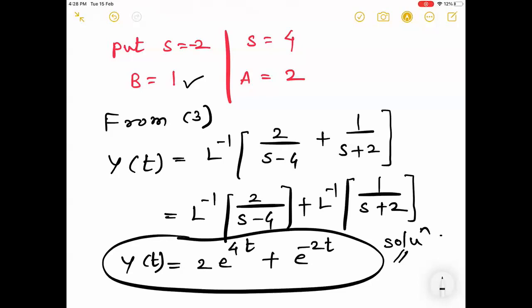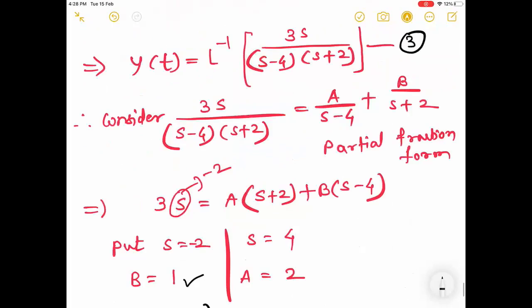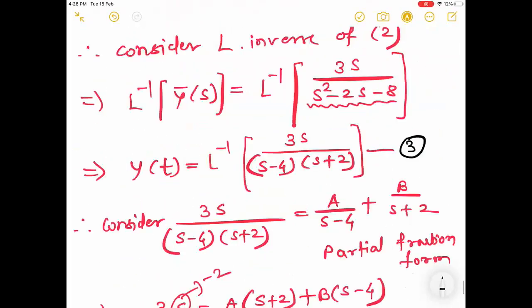Following? Madam, please repeat that step. S square y bar of s minus s y of 0 minus y dash of 0, how does it come s square minus 2s minus 8?